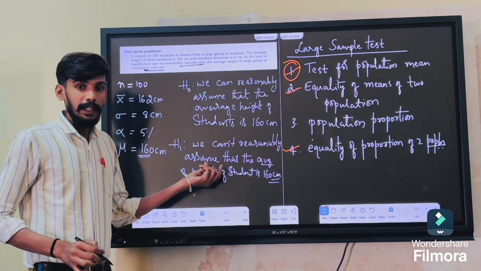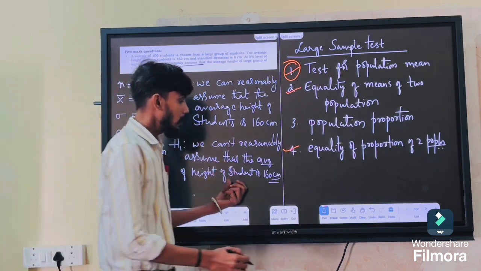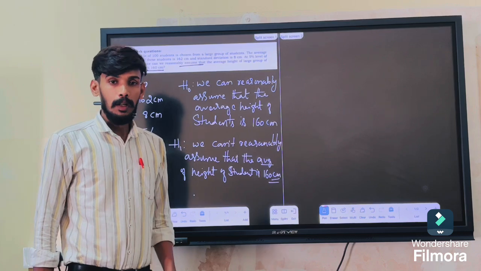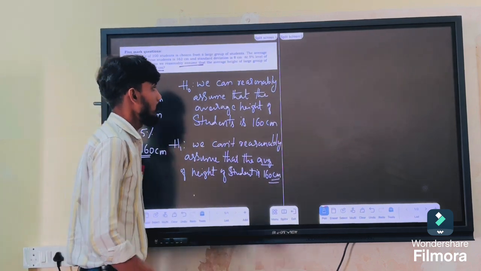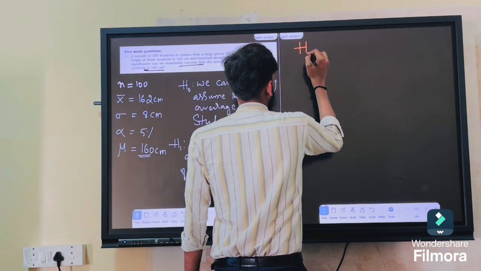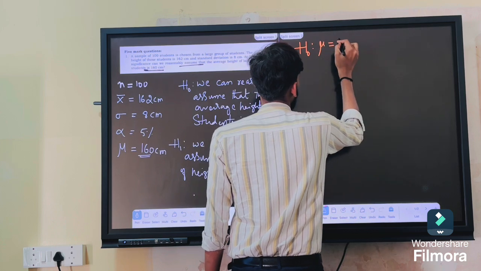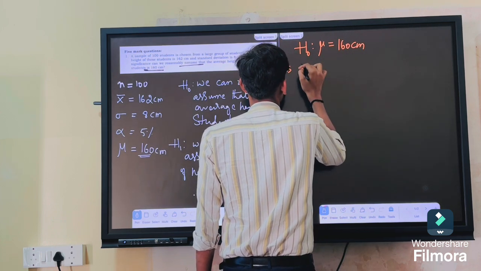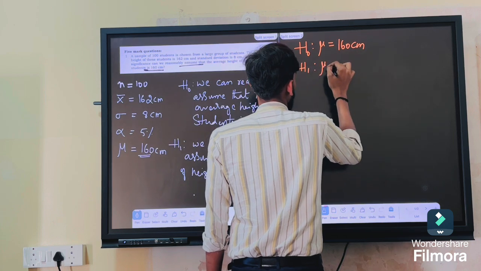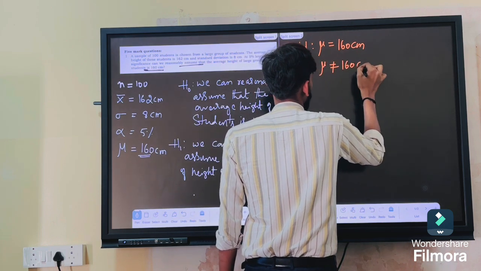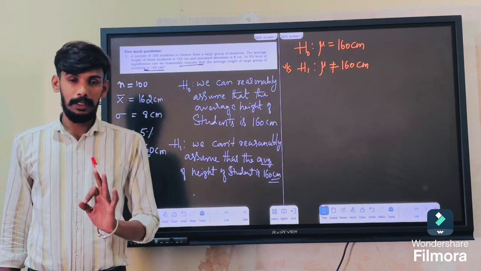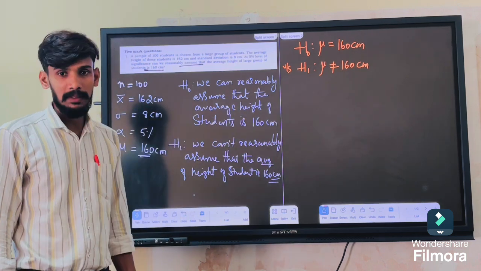You can write the hypothesis like this, or you can also write it in terms of H0: mu equal to 160 centimeter versus H1: mu not equal to 160 centimeter. The first part of the question, setting the hypothesis, we have done.